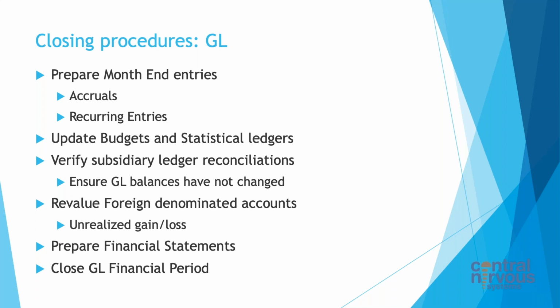Are there mistakes? Do we have to go back and make adjusting entries, or hey, this is what's happened, this is the reason for it, and analyze that. Once we're set, we close the GL financial period and release our financial statements.